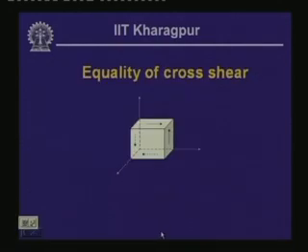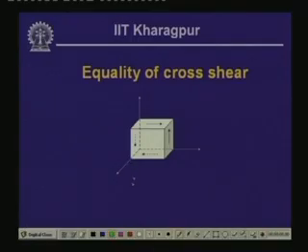Now, let us look into another aspect of it. Out of the stress components which we have obtained, let us call this again the x axis as usual, this the y axis and this the z axis.